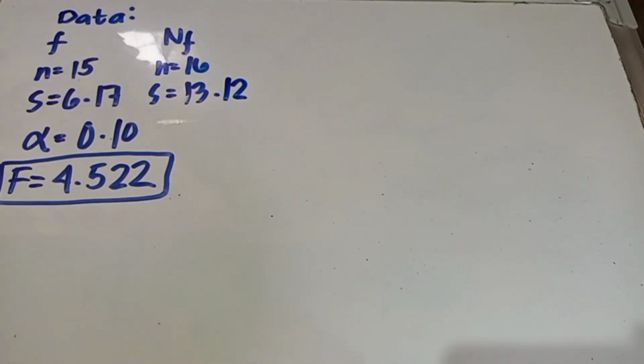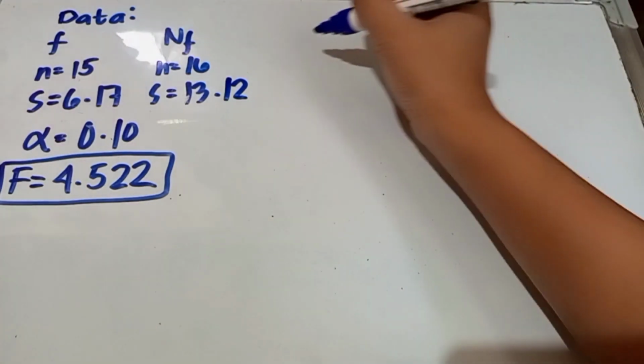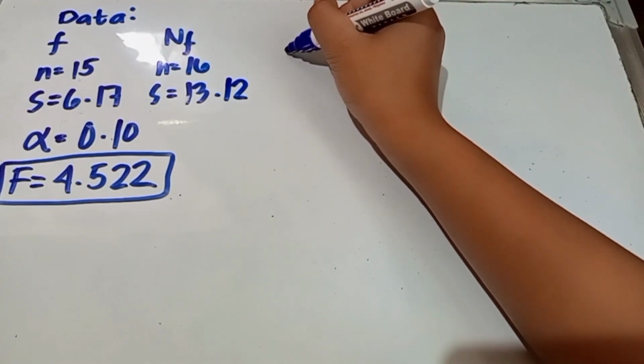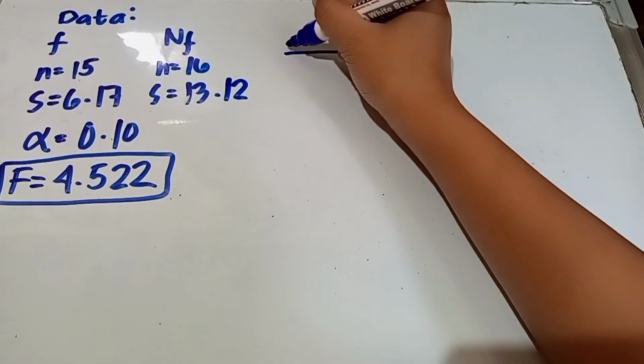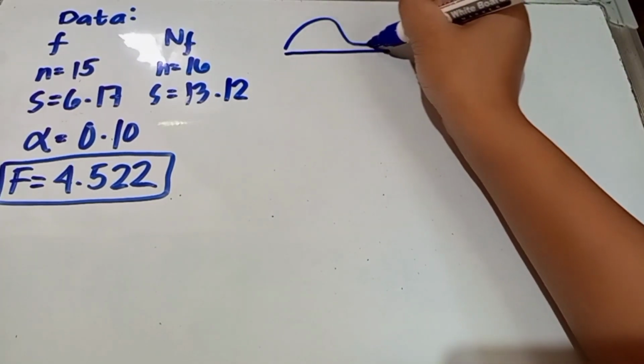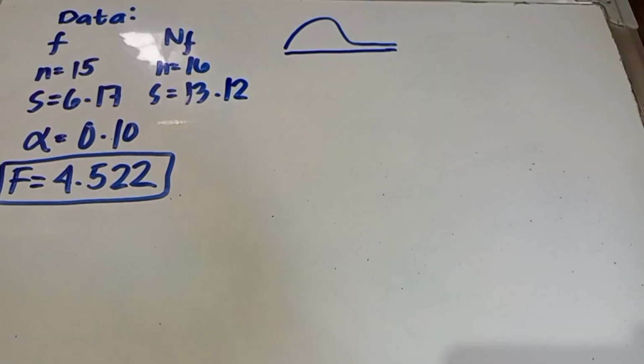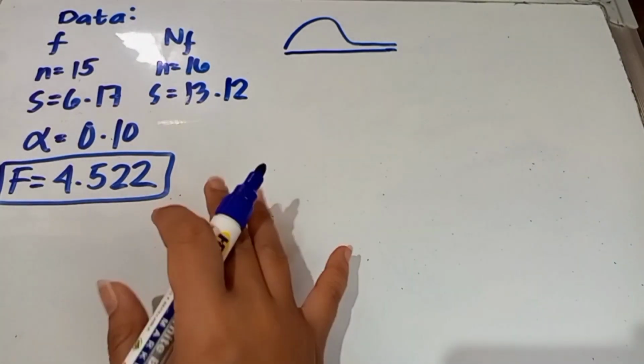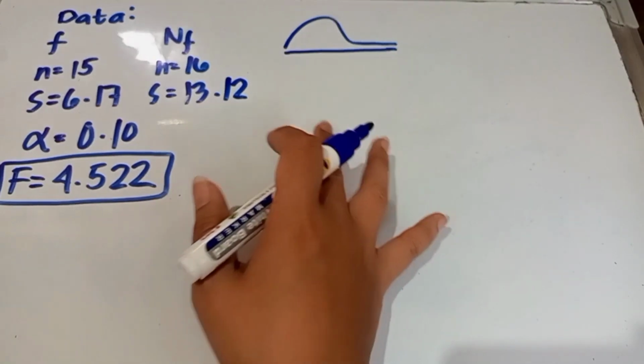This is an F test, and this F test statistic has an F distribution. The curve for an F distribution looks in many cases like this. It depends on the degrees of freedom involved, but typically it looks something like that.